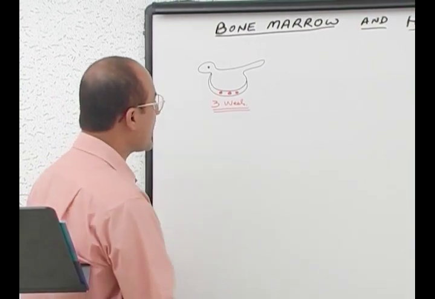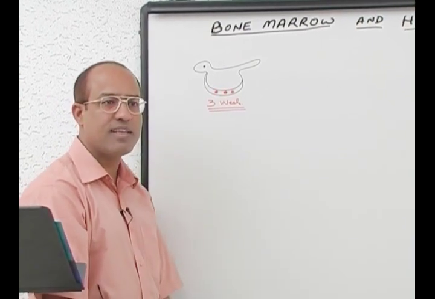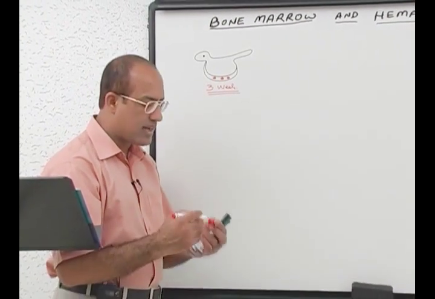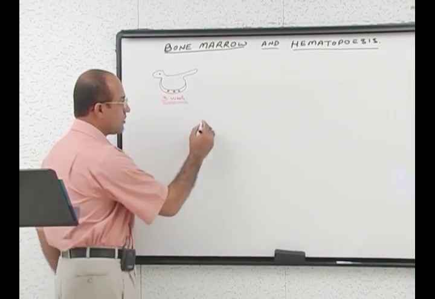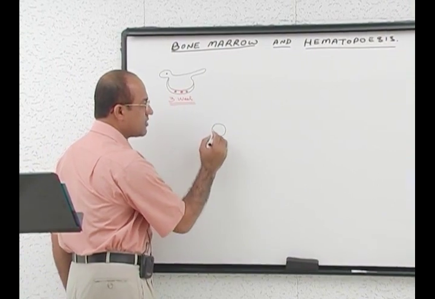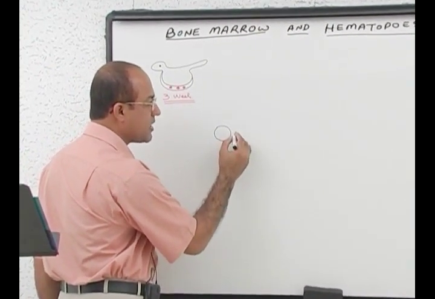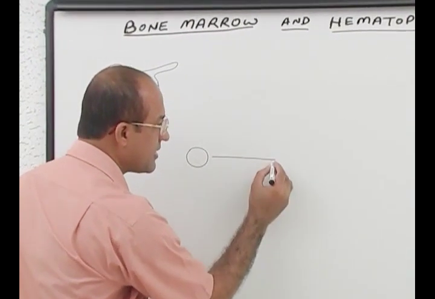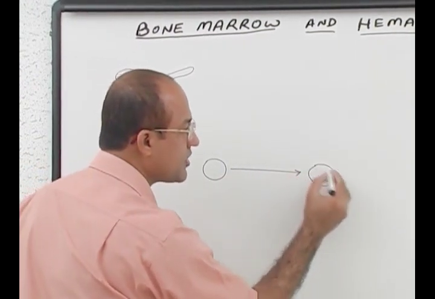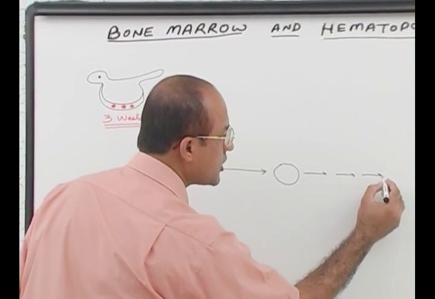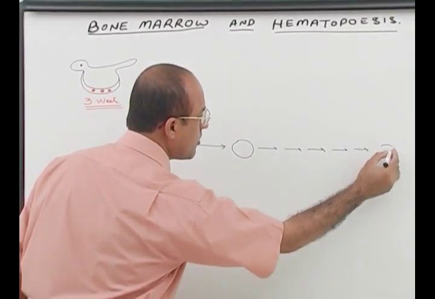But we should define what a stem cell is. A stem cell is any cell that has a unique property: whenever it multiplies, it multiplies asymmetrically. Some of its cells will differentiate into mature, well-differentiated products.